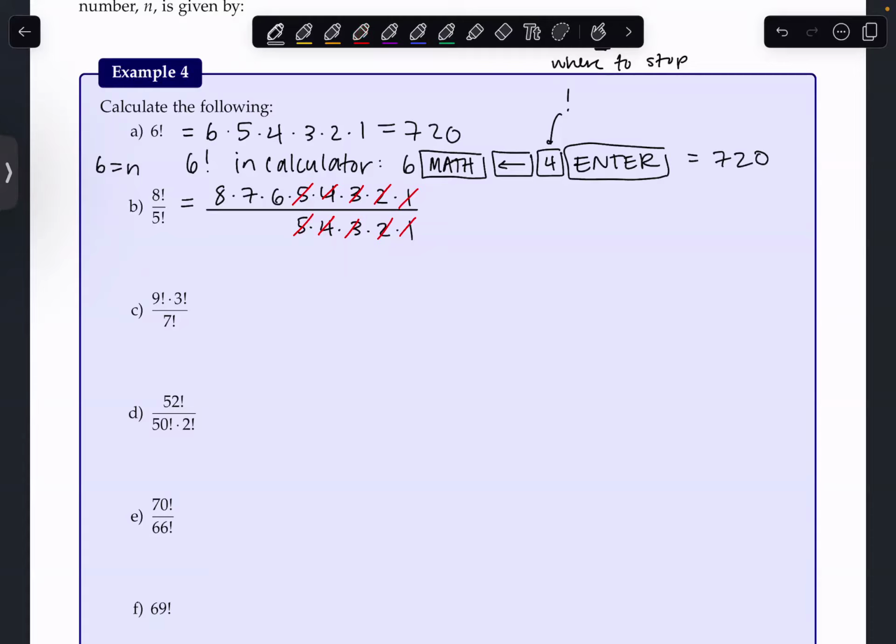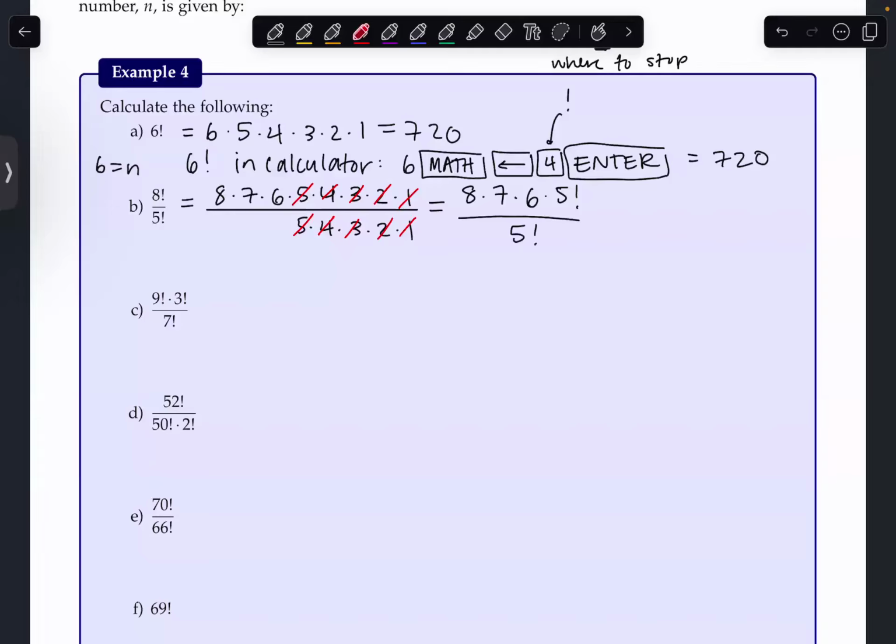But I actually could have done this a little bit faster. So I don't have to list every single number. I can decide which is the smaller factorial. That's going to be 5 factorial. And I'm going to see that show up inside of my 8 factorial here. So I can write this as 8 times 7 times 6 times, now I have 5, 4, 3, 2, 1, or 5 factorial, which is exactly what's showing up downstairs.